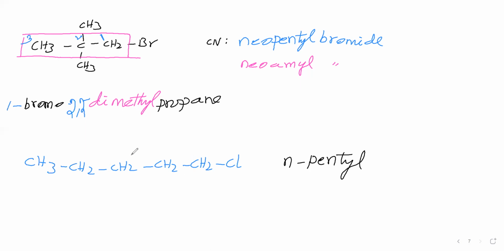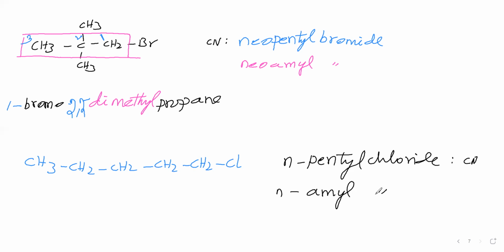All the 5 carbon atoms are present in a straight chain, therefore no branch. Cl name we have to say as chloride. For 5 carbons, another name is there, that is amyl. Therefore N-amyl chloride is the common name.